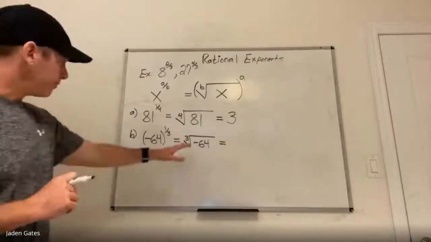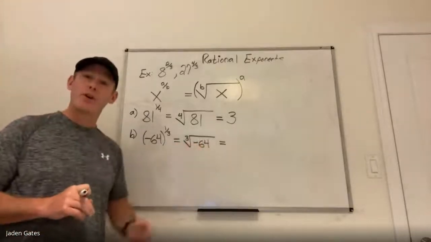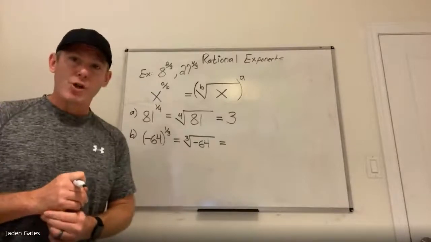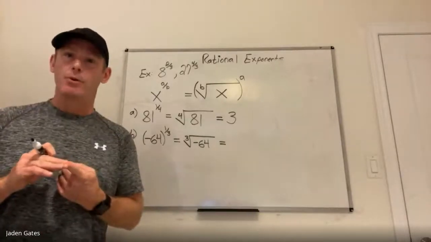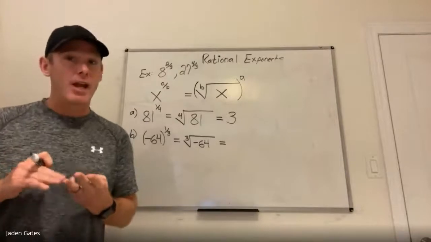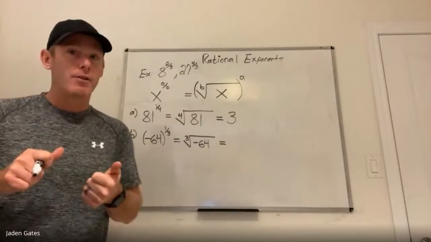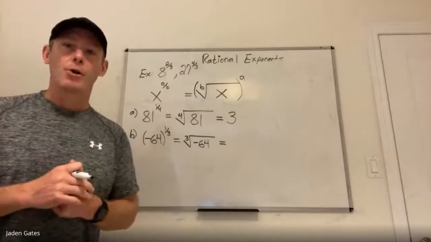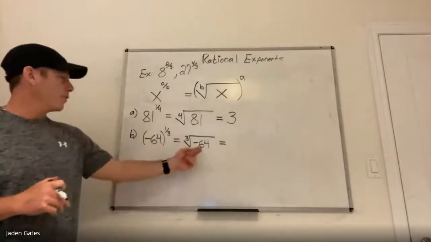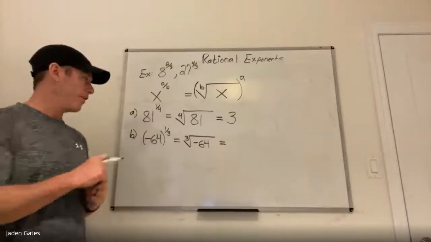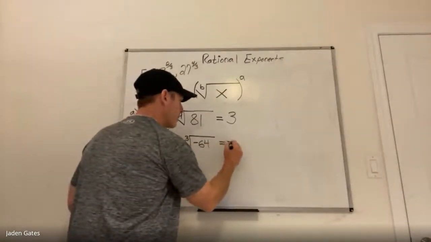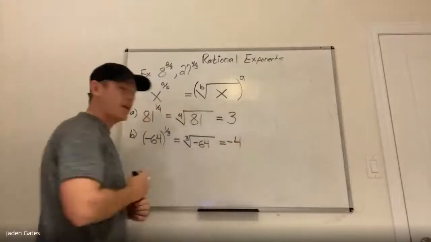Now, this is a little bit different because we've always had a negative number under here for a square root, which is not possible. But when we get into the 3rd root, it is possible. And the 5th, and the 7th, and the 9th, and the 11th, and the 13th. If it's an odd number, it's doable. And there is a number that if I multiply it by itself 3 times will give me negative 64. And in fact, that number is negative 4.